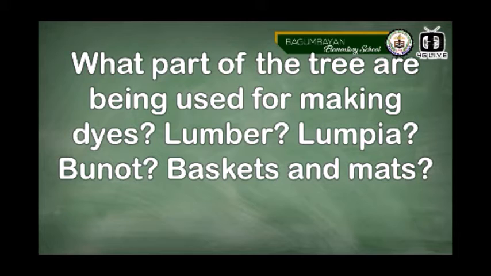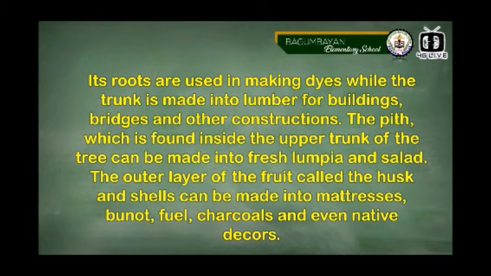What parts of the tree are being used for making dyes, lumber, lumpia, bunot, baskets, and mats? Its roots are used in making dyes, while the trunk is made into lumber for buildings, bridges, and other constructions.